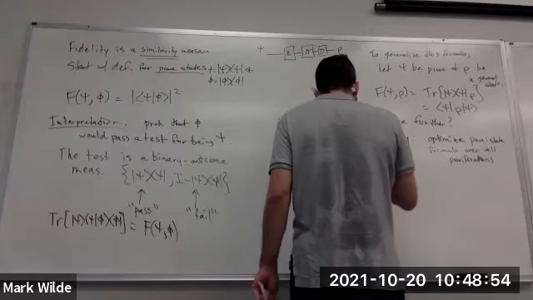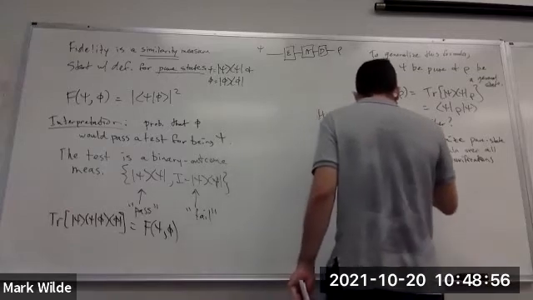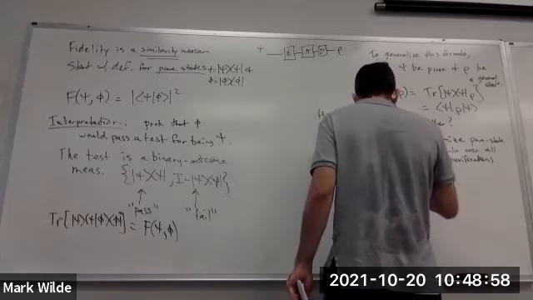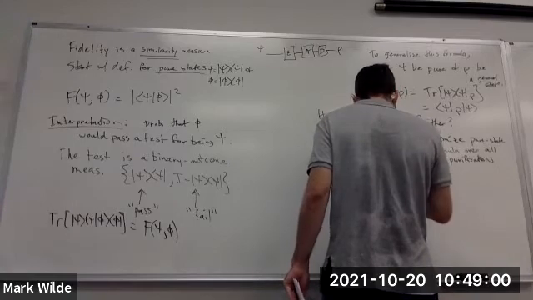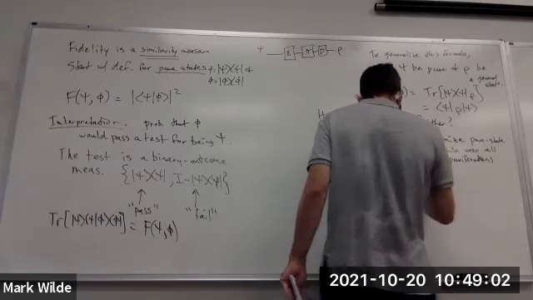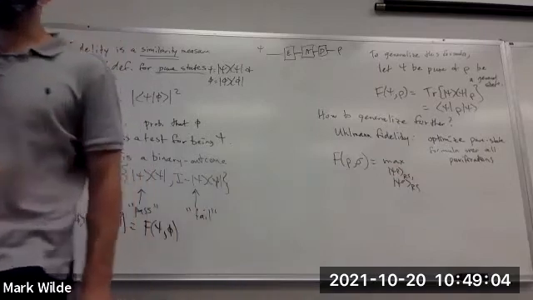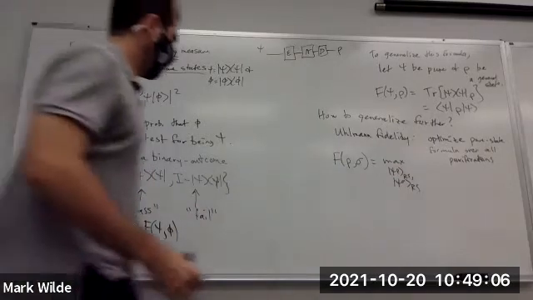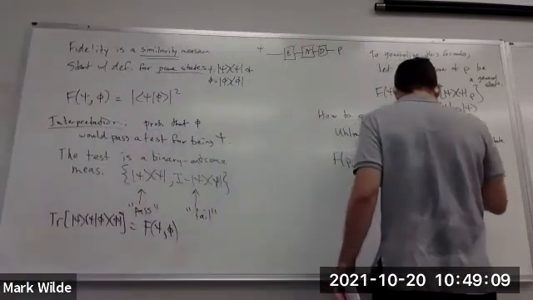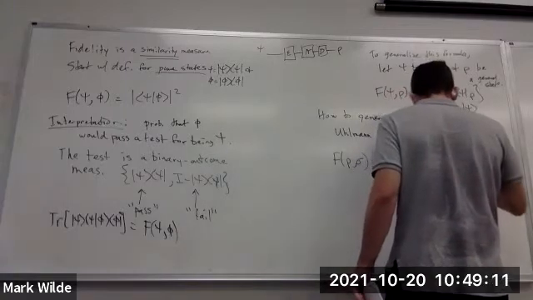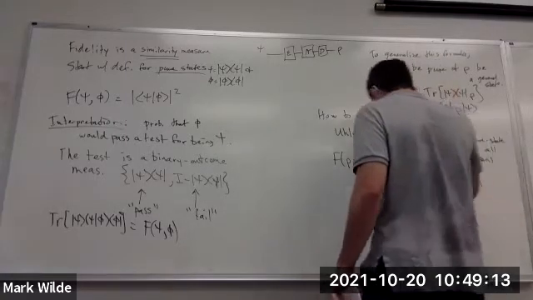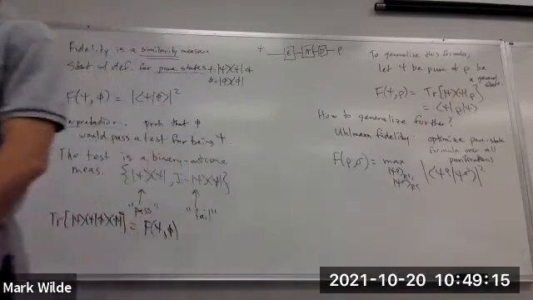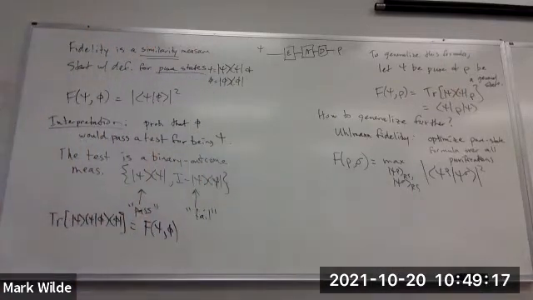Fidelity of rho and sigma is the maximum, called psi rho, psi sigma. These are purifications of rho and sigma. And that's the Uhlmann formula. Very simple to remember, right? You just take the pure state formula, optimize over purifications.